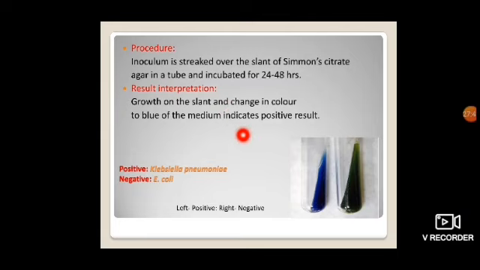In the result observation, growth on the slant and a change of color to blue indicates a positive result. If the green inoculum becomes blue, it shows a positive result. Klebsiella pneumoniae shows blue coloration, and E. coli doesn't show any color change.